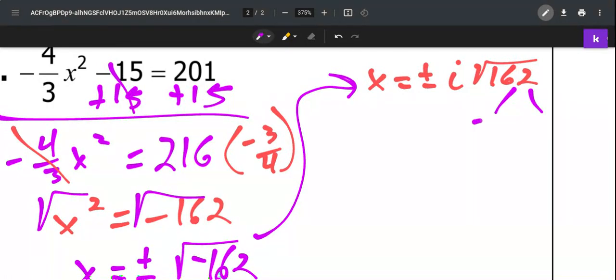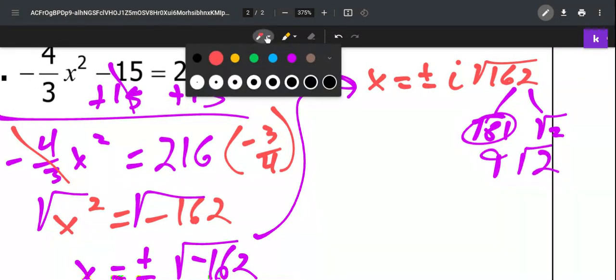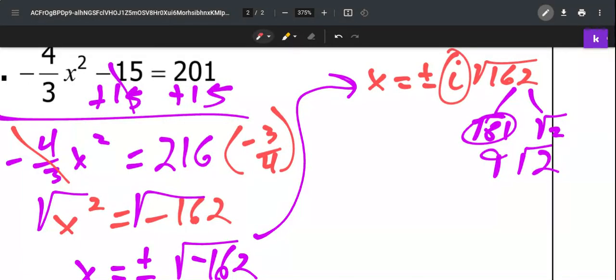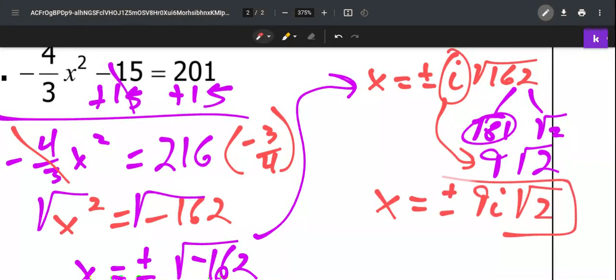We need one to be the biggest perfect square, and that would be 81, so 9. That means this is going to come out and give me 9. I have 9 radical 2, but I have to remember I had something on the outside already, so it gets multiplied by this 9. So x is equal to plus or minus 9i radical 2.